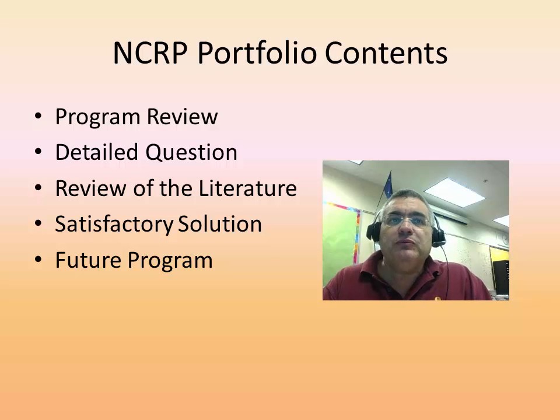Fifth, a thoughtful and extensive outline of a future program detailing how you might continue to develop and apply all of this in your future practice. The future program is a minimum of 2 pages and a maximum of 5 pages.